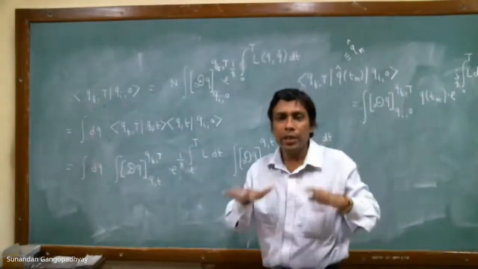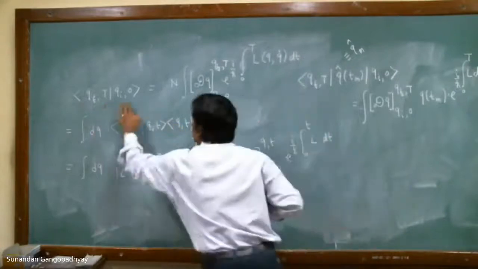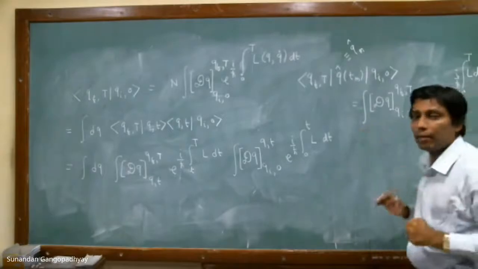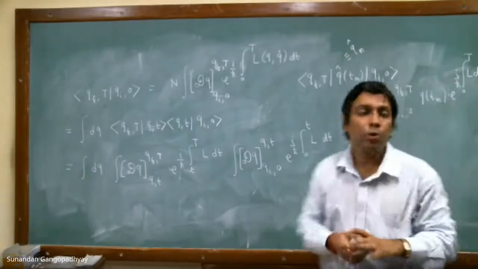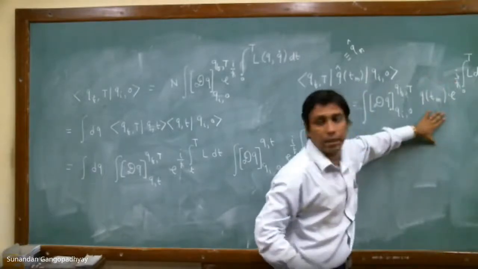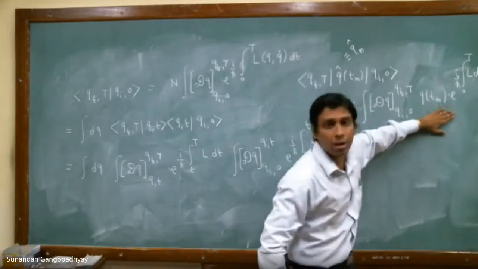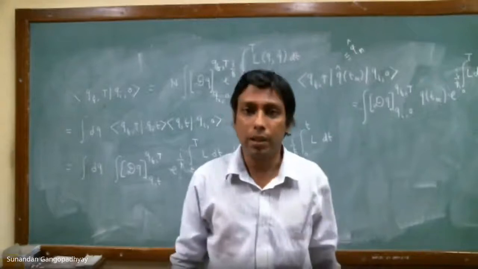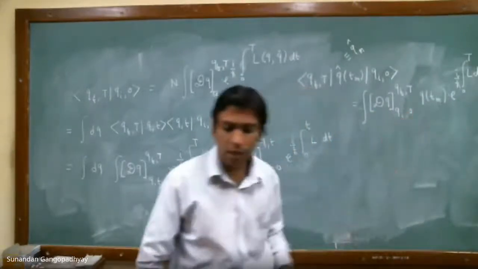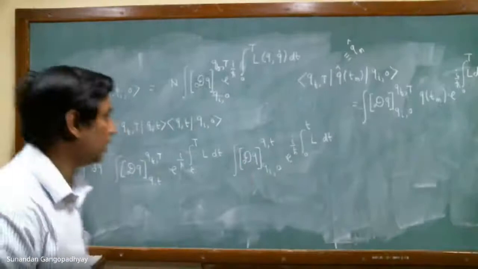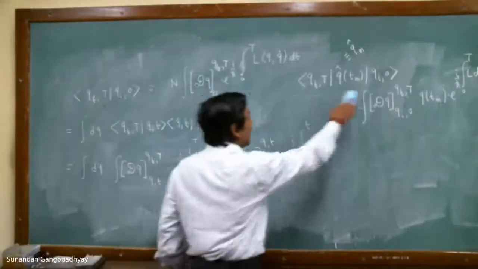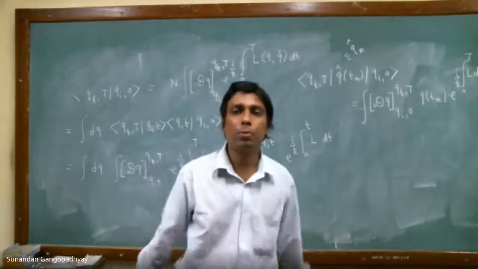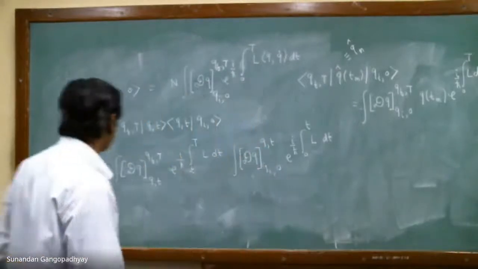So putting an operator inside basically boils down, in the path integral language, to putting a function over here in the path integral. This is said to be putting an insertion inside the path integral. So now we are talking about insertions inside the path integral. This is the Hilbert space language, and this is the path integral language. So you see that there is a one-to-one correspondence between the two representations.